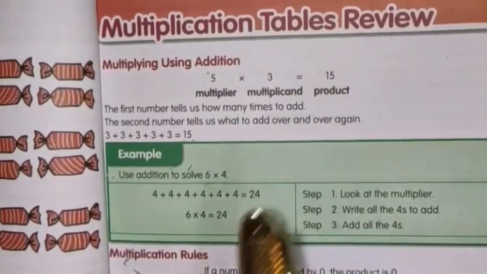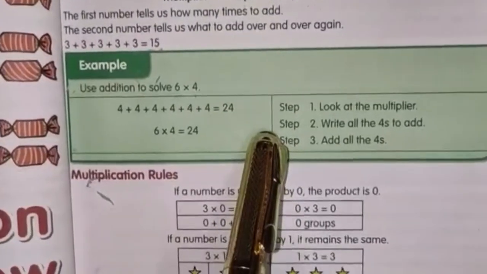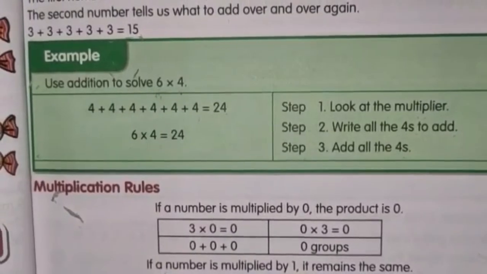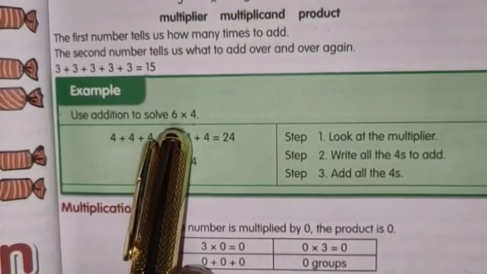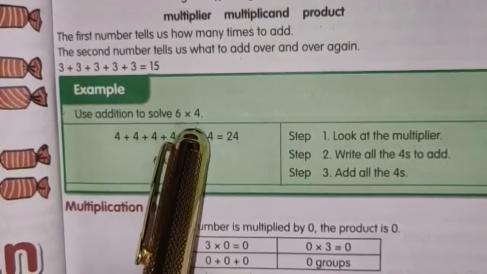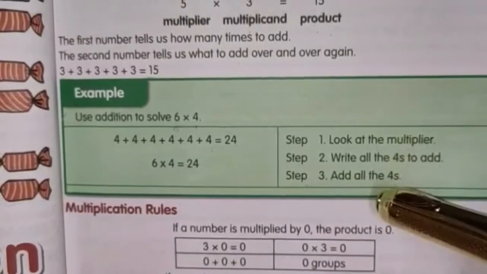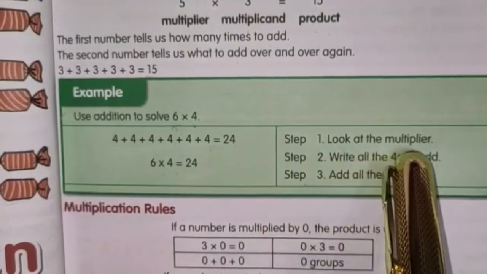Right children? So now look at this example. Use addition to solve 6 into 4. So 6 is the multiplier, 4 is the multiplicand. Here they gave some steps. Step 1, look at the multiplier.